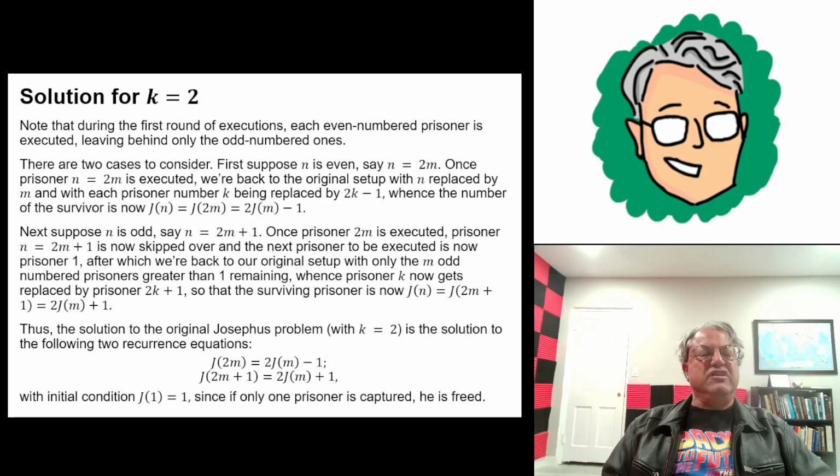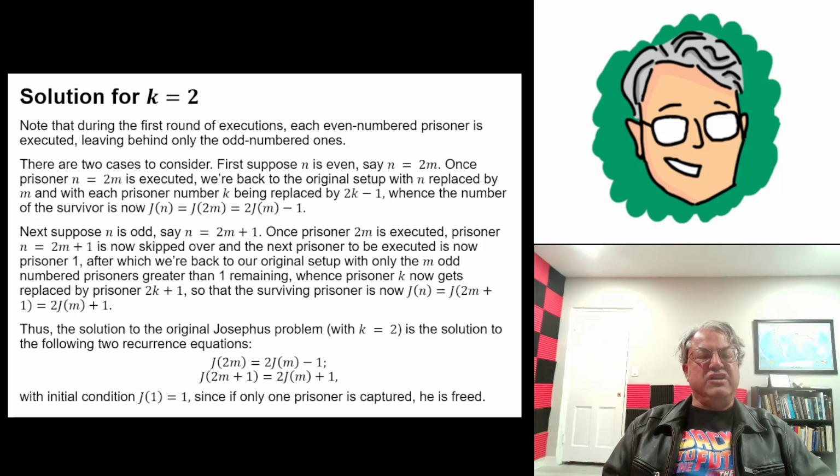In that case, we can write n equals 2m, where m is another arbitrary positive integer. And notice what happens the first time you go around the circle: you're going to execute every even numbered prisoner, right? So when you're done with that, all you're left with is odd numbered prisoners.